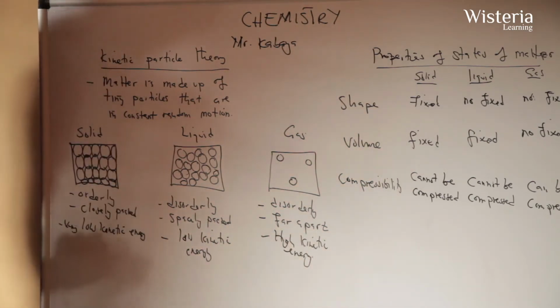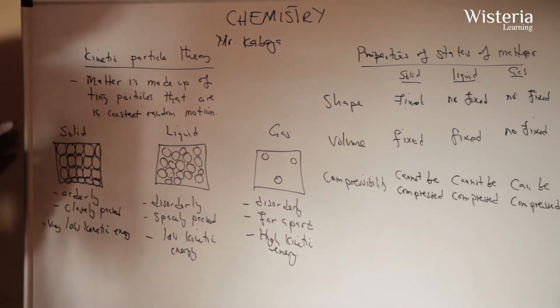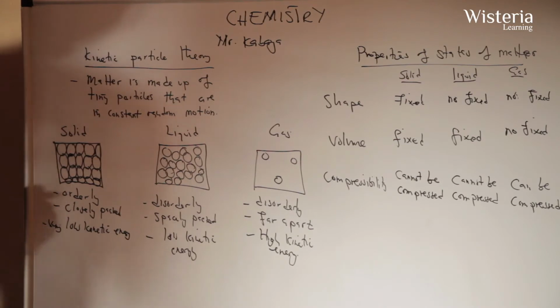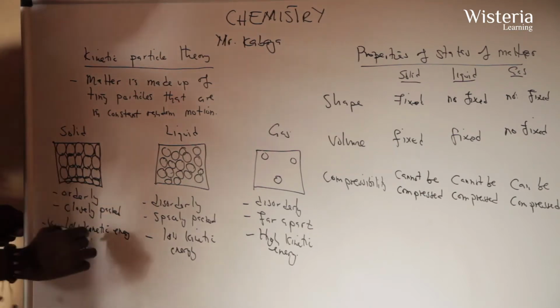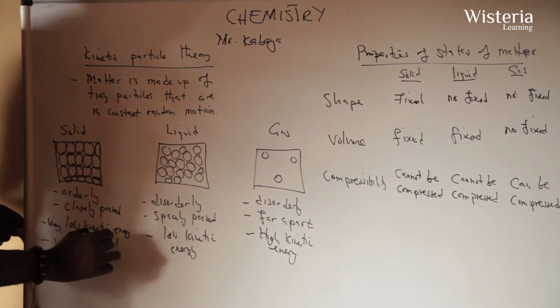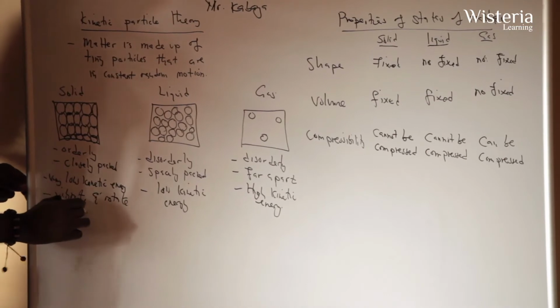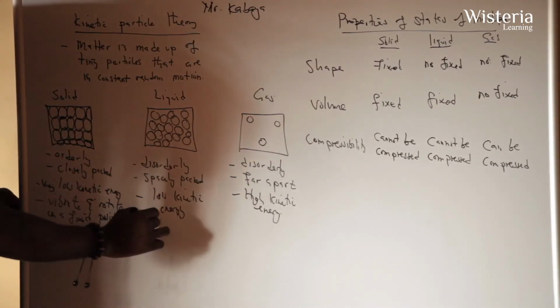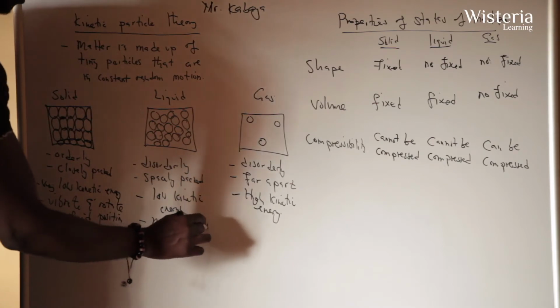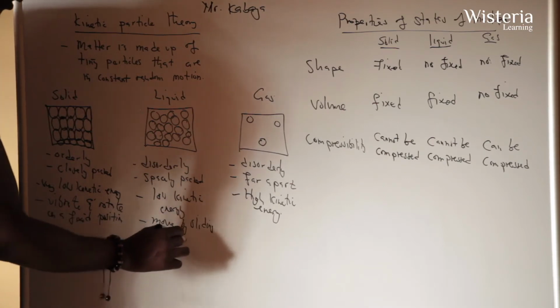Because of this energy, the particles in a solid do not move from place to place, but they vibrate on a fixed position. The particles in a liquid move by sliding past each other.